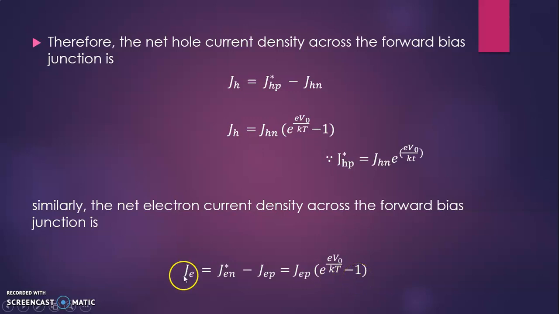In short, again the current density of electron is equal to the current density of electron in p side into (e^(eV0/kT) minus 1).